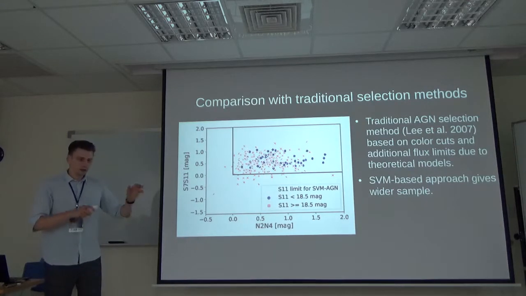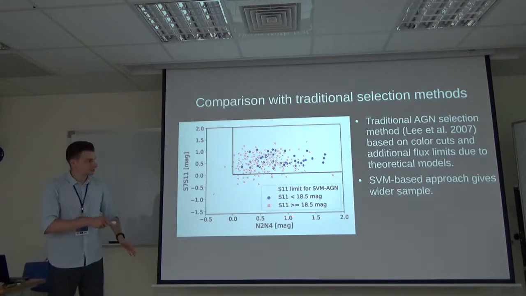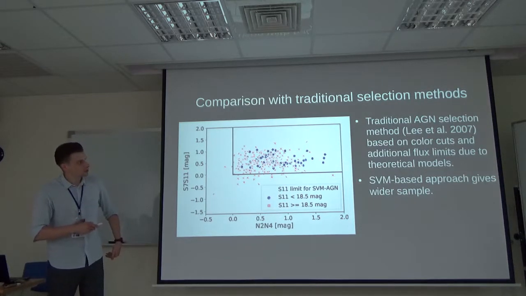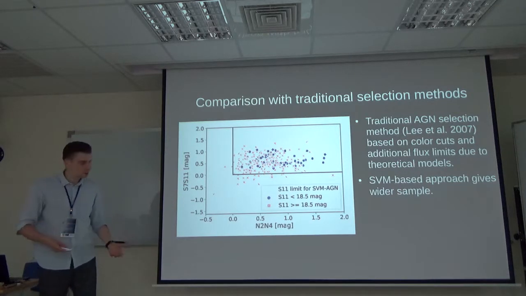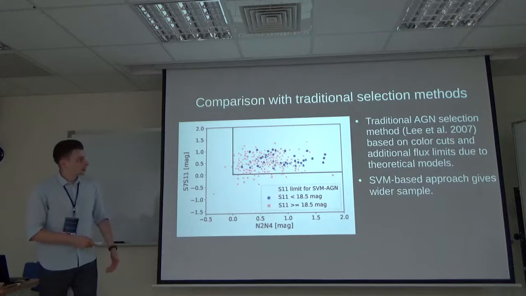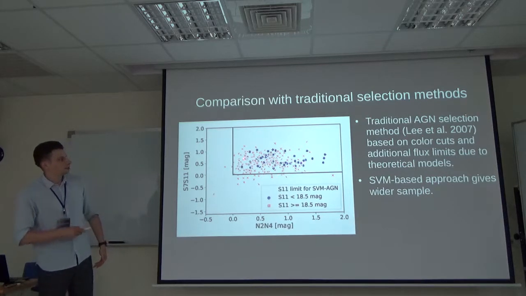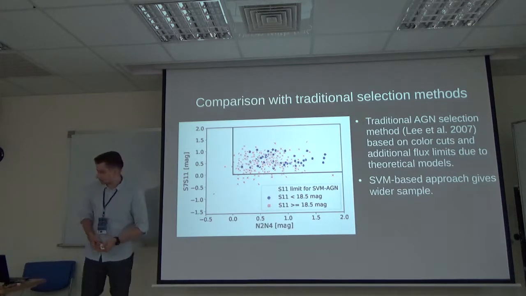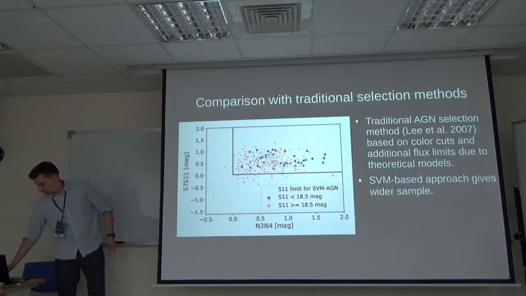If you apply this additional limit in S11 to our data, you will obtain the data set of these blue dots. So all objects fall into this area, and our two methods are consistent. However, our SVM-based approach gives you a wider sample than the Lee method.